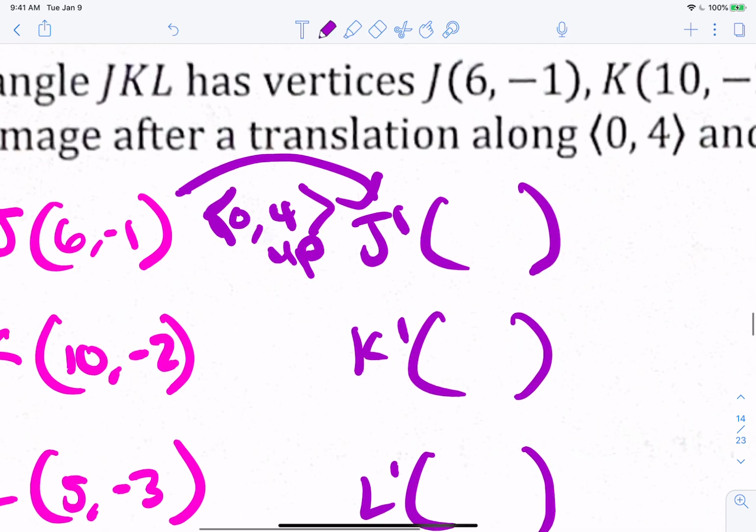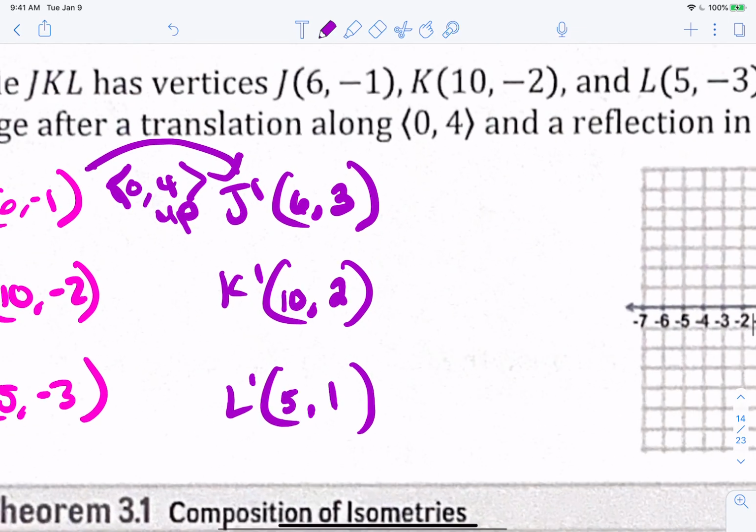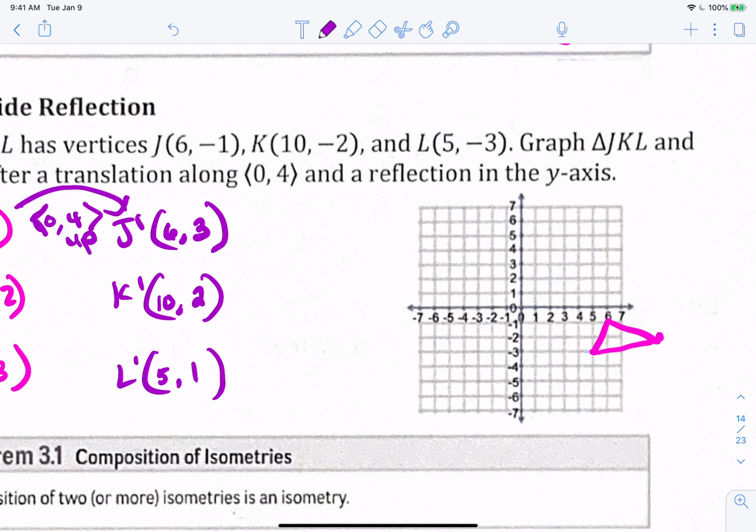So 6 stays the same, -1 becomes 3, 10, 2, and 5, 1. I'm going to plot it. 6, 3, 10, 2, 5, 1. We've shifted it up 4 units.